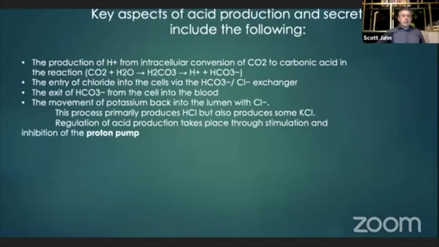Okay, so our key aspects of acid production and secretion include, okay, so this is just dry. The reason why I put this on there is because I wanted you to see that last one, that protein pump. That protein pump is what's responsible for pumping the hydrogen in to make the hydrochloric acid.